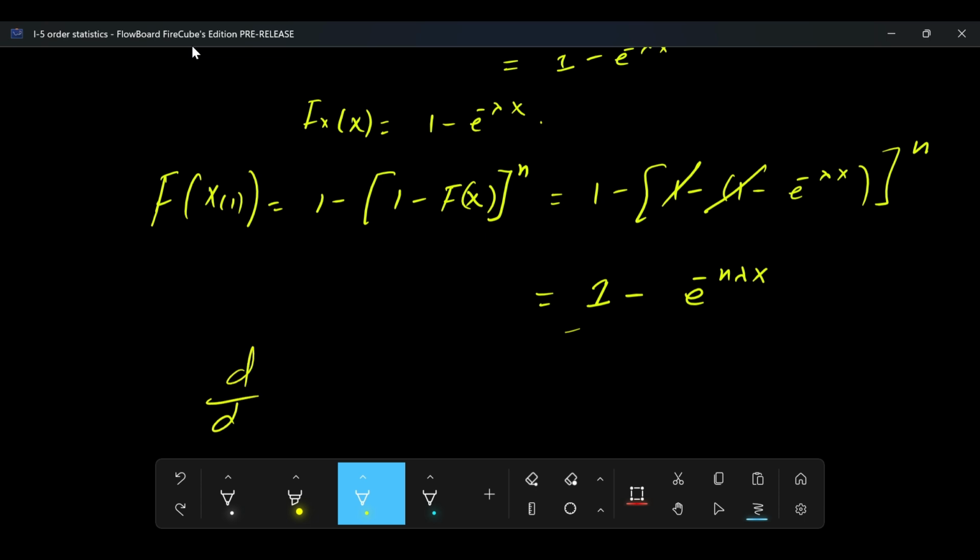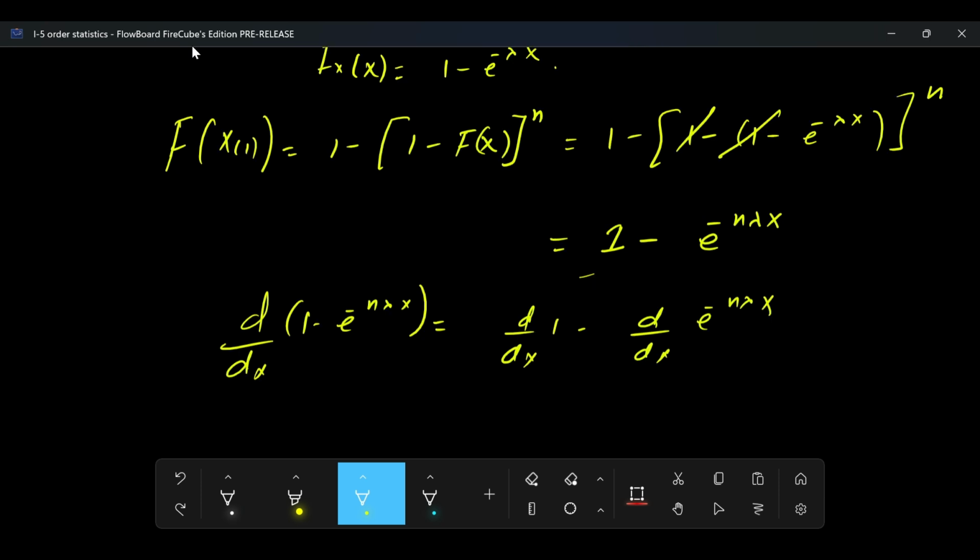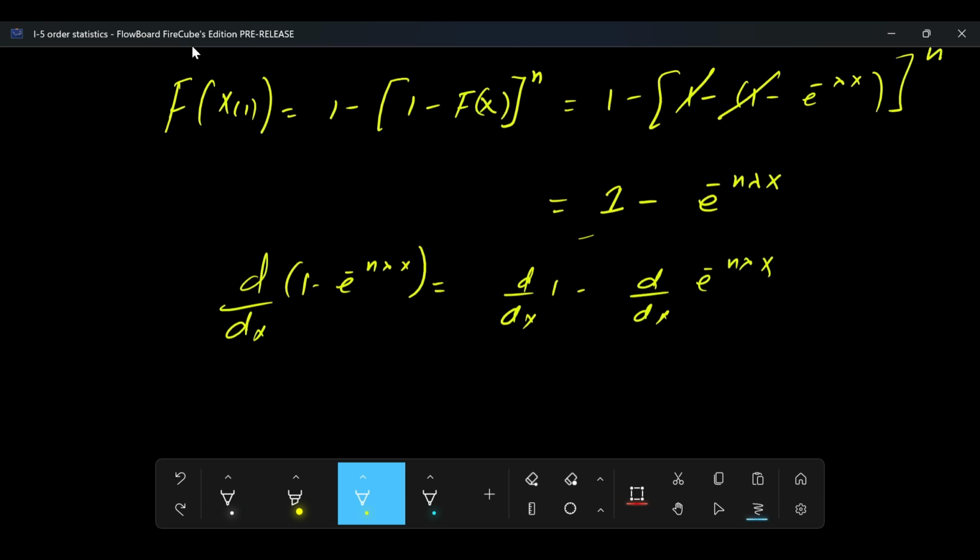So this is d upon dx of 1 minus e minus n lambda x, which is equal to d by dx of 1 minus d by dx of e raised power minus n lambda x. Differentiation of 1 is 0, minus differentiation of this, which is the same, multiplied by minus n lambda, because n lambda is a constant here.